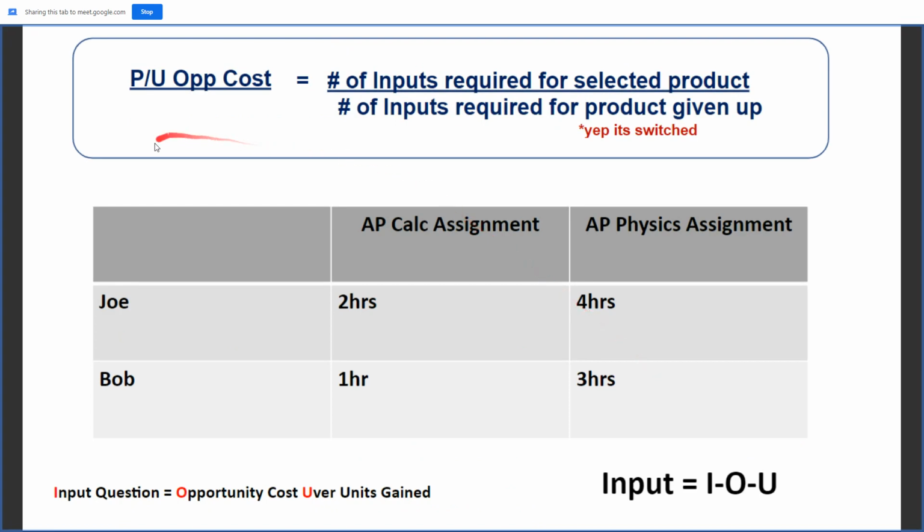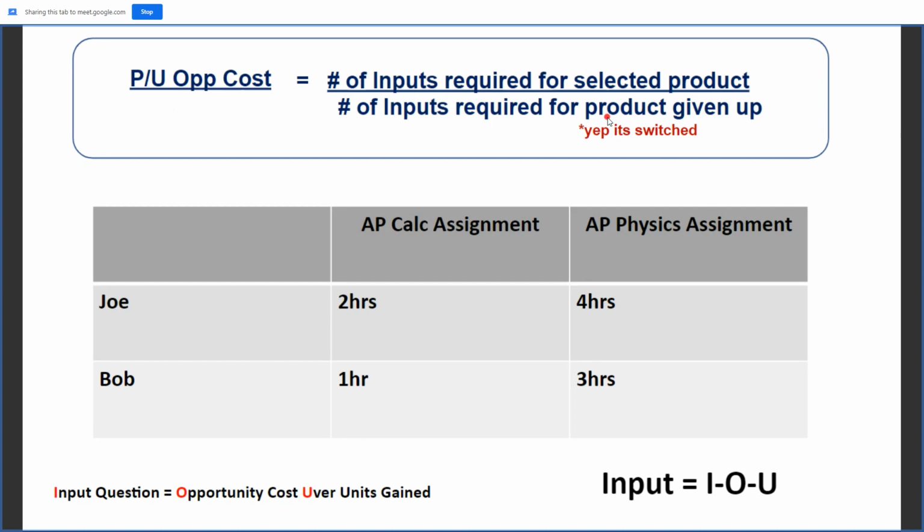And there isn't really an equation used for it, so I'm using my own words on this one. So if it's not 100%, bear with me. Just hear me out here. To determine the per unit opportunity cost of an input, you're going to take the number of inputs required for your selected product and divide it by the number of inputs required for the product you're giving up, like your opportunity cost. So basically, I'm just switching them.